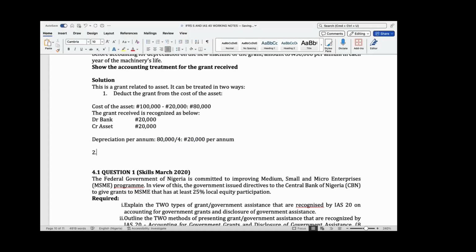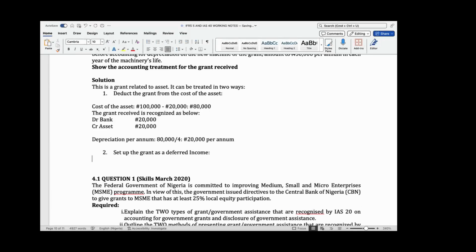That's an option. Another option is you set up the grant as a deferred income. So in this case now, the grant received will be recognized as a deferred income.